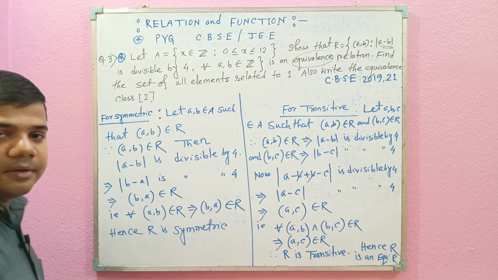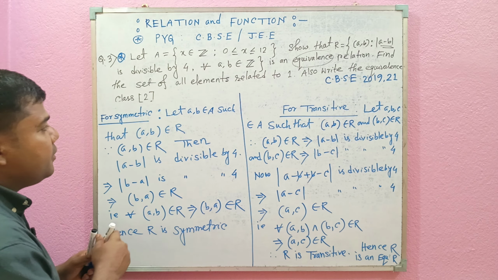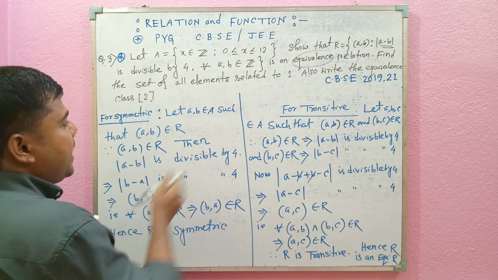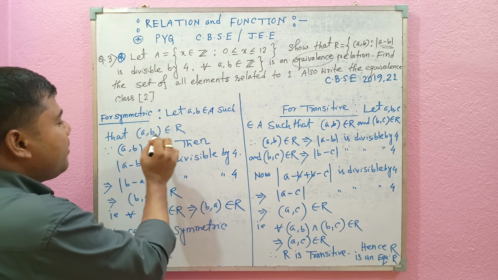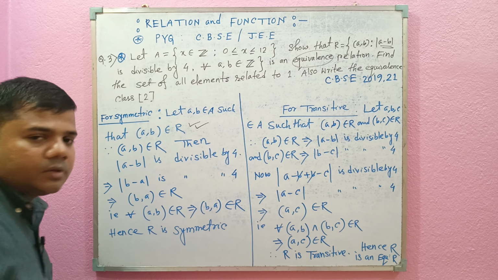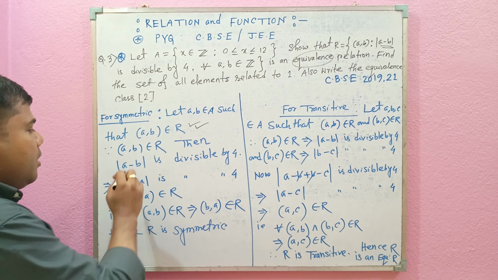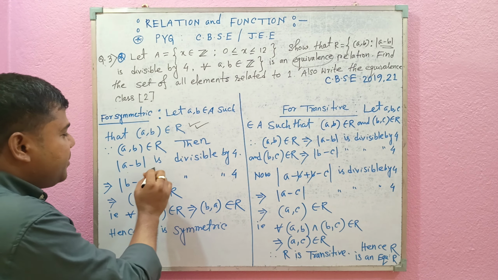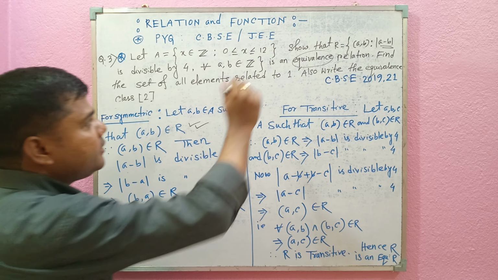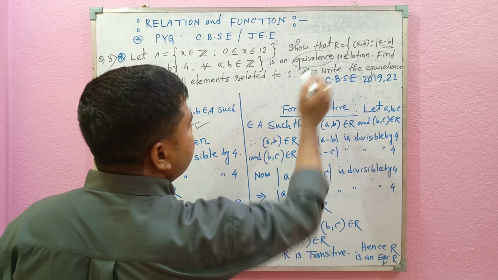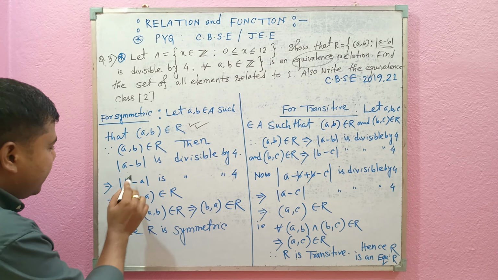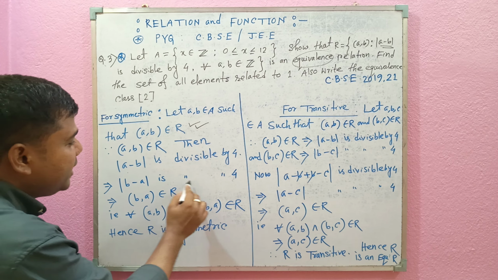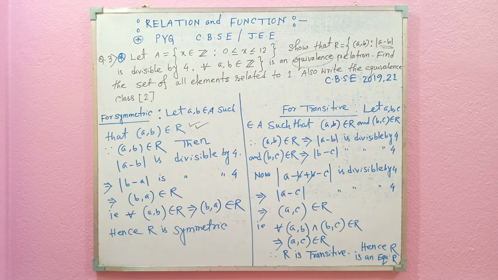For symmetric, suppose that a, b belongs to A such that (a, b) belongs to R. Then modulus a minus b is divisible by 4. It is given. Which implies that b minus a is divisible by 4.